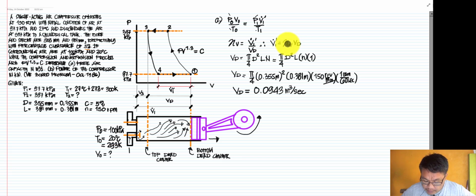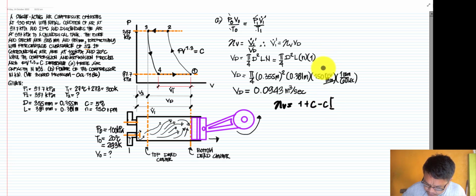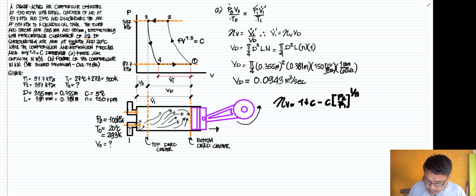So remembering the equation for your volumetric efficiency, it is given by 1 plus C, minus C, and we shall multiply this one by P sub 2 over P sub 1, raised to 1 over your N. Okay, so we have the given already for your clearance, given in the problem.